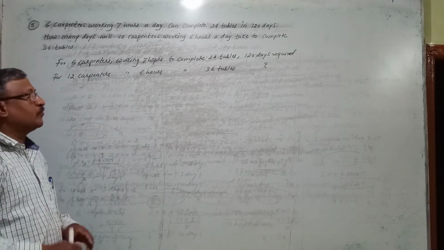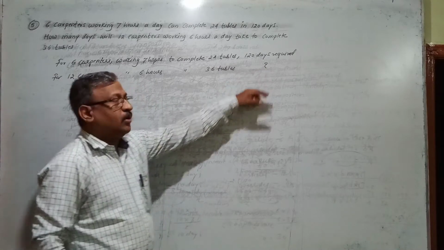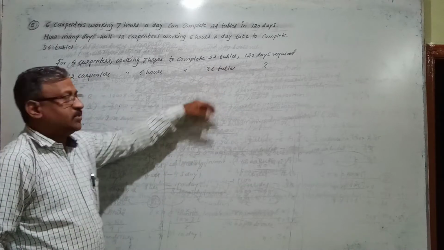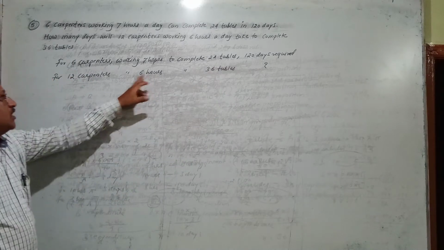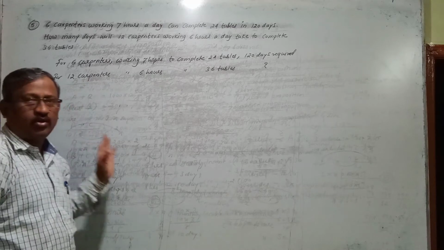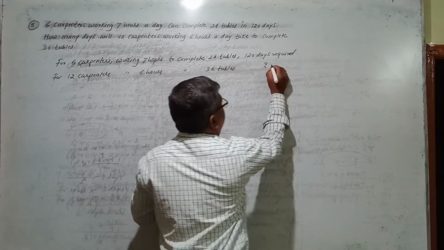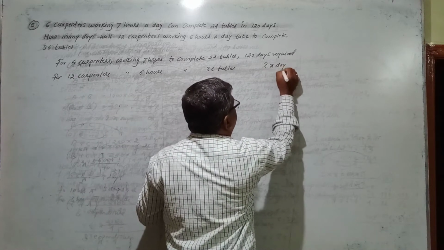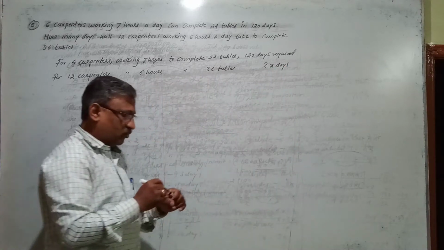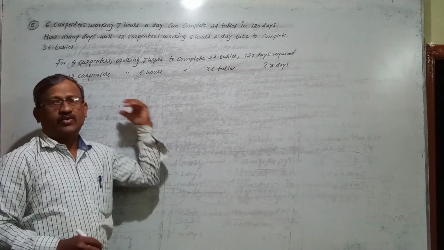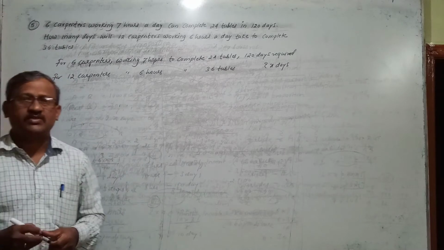This is the question. Here it is not known how many days are required to complete 36 tables working 6 hours for 12 carpenters. So let's assume it is X days. Suppose X days are required to complete 36 tables for 12 carpenters if they work 6 hours daily.